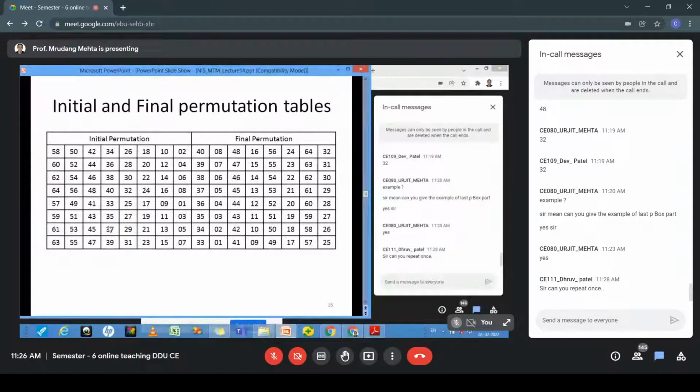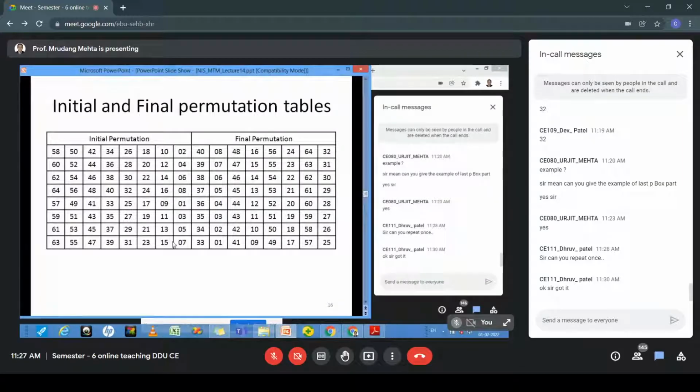The 52nd bit is what was in the original plain text box 37, so this 37 is on the 52nd position. Then 53, 54, 55, 56, 57, 58, 59, 60, 1, 2, 3, and 4. The 64th bit is what was originally the 7th bit. Okay, this is the initial permutation.